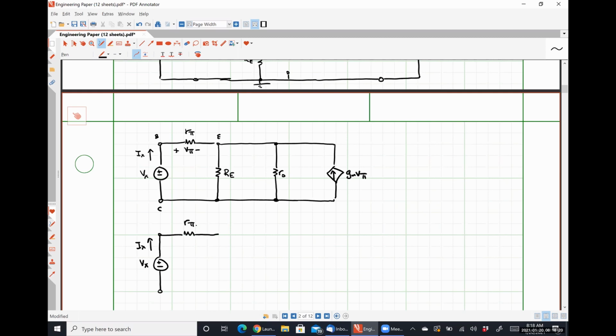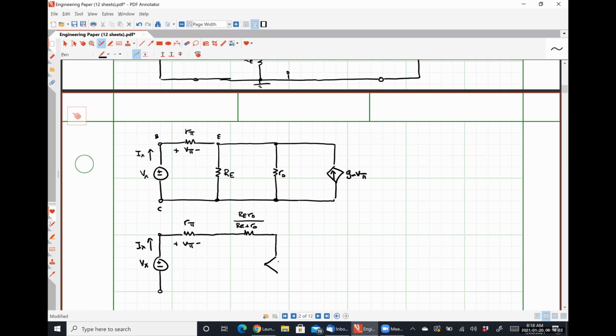So here's R pi, here is V pi, and I'm free to do this as long as I don't move this particular resistor, because that's where the dependency comes from. In series with this guy, I'm going to see a new resistance, which is RE multiplied by R naught divided by RE plus R naught, because that's my two resistors that are in parallel with my current source.